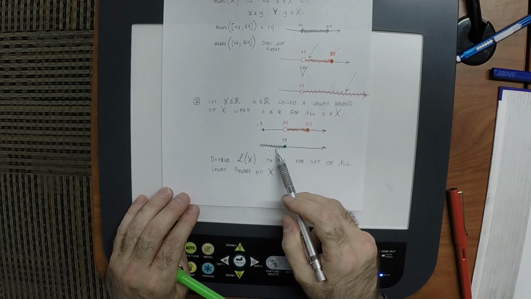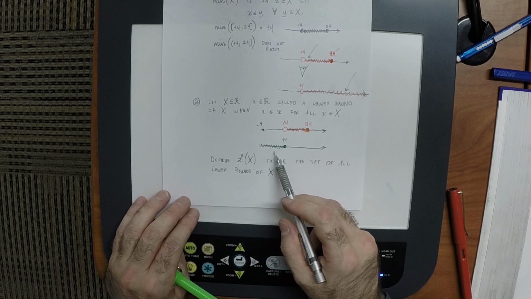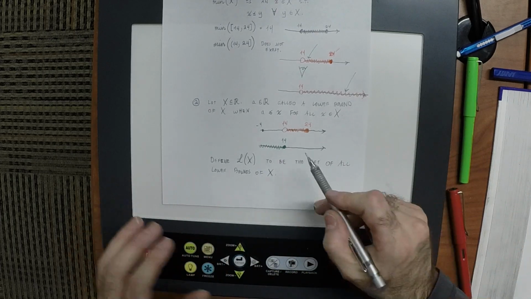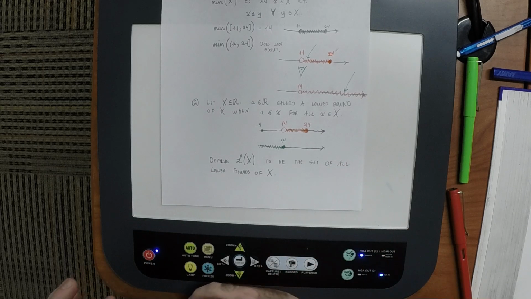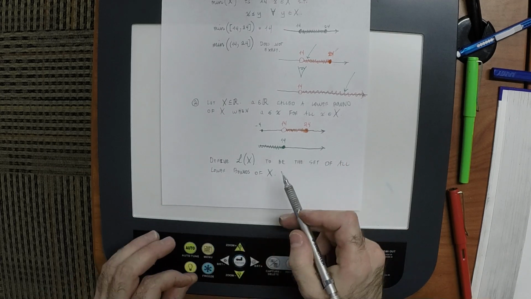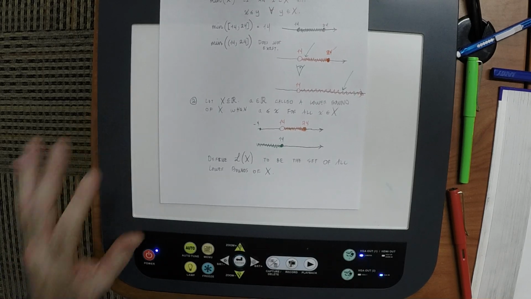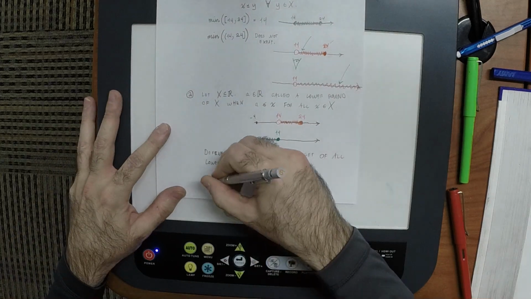Does it have a maximum? What's the maximum of that set? 14. So the way that you say 14 is that you say, well, you must be actually asking about the maximum of the set of all lower bounds. And that idea is called infimum.